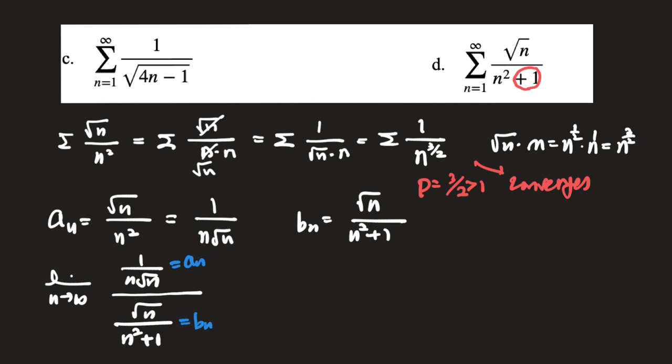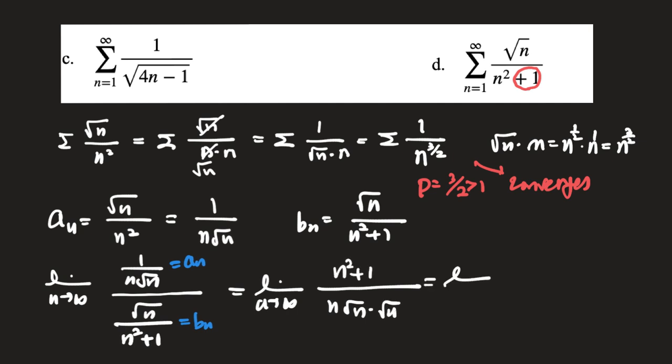Okay, guys. So this one is the limit as n approaches infinity. Simplify. This one is n square root n times square root n squared plus 1. So you have n squared plus 1, n times n squared plus 1, n squared.